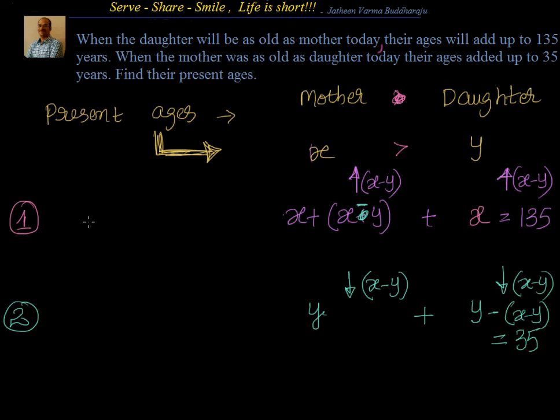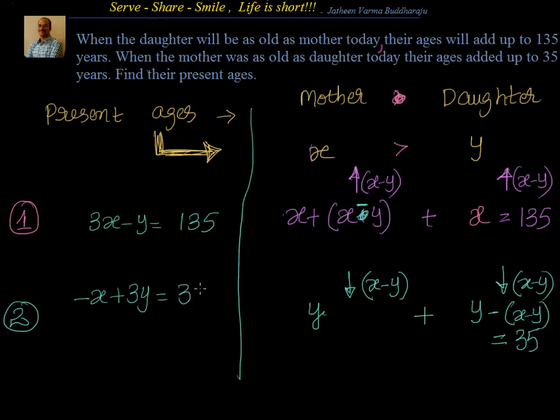The first equation tells me 2x plus x, 3x minus y is equal to 135. That's the first equation. And the second equation will tell me 3y minus x, or can I say minus x plus 3y is equal to 35. Now these are the two simple equations we have to solve.